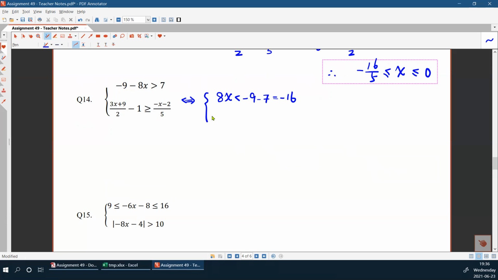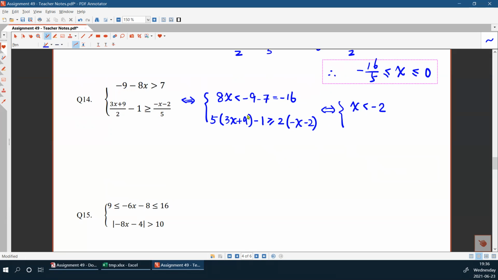So this will give us 5 times 3x plus 9, subtracted by 1 greater than or equal to 2 times minus x minus 2, right?